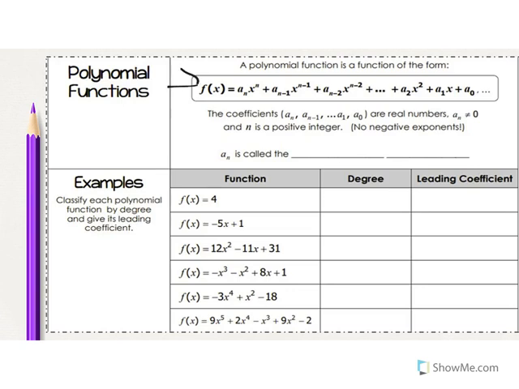So we're going to see f of x, which also represents y, equals a_n x to the n plus a_(n-1). So what that means is that it's going from your leading coefficient, which is the a_n. So right here the a_n is called the leading coefficient.